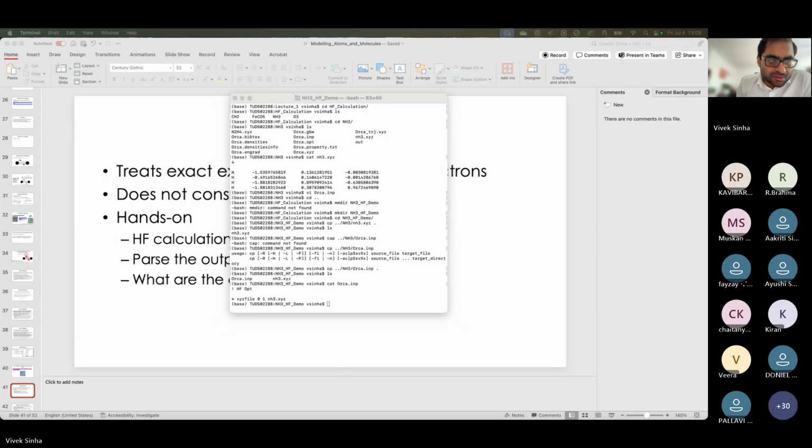So maybe I'll go back here, create a new folder, NH3HF, and here I will store the input and the run file. You are not seeing my screen, but don't worry. I'm placing this folder on the drive so that you can try it on your own, maybe now or maybe later.